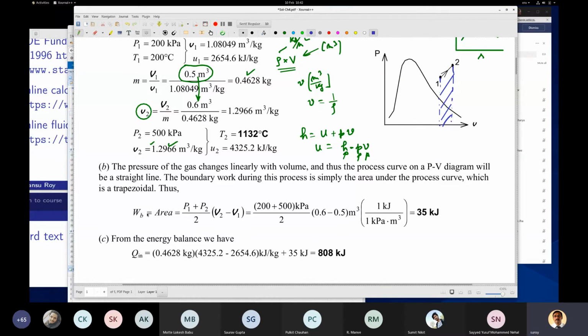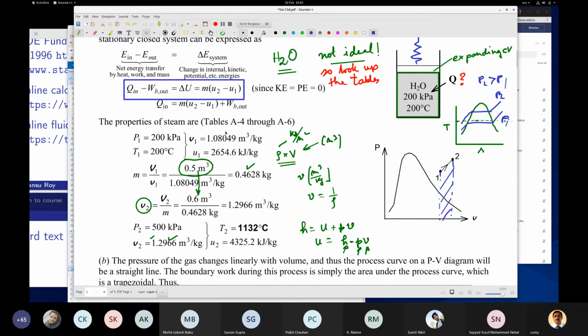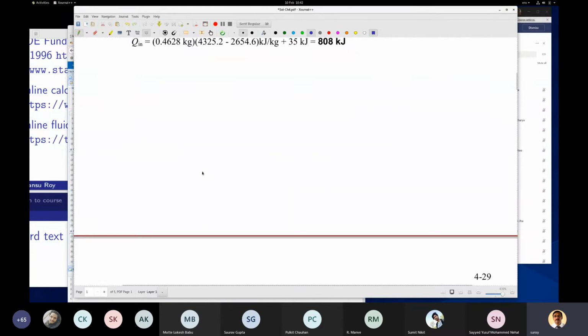This is the boundary work. So work is known here. Once I know the work, and the internal energy is also known from the tables, Q in can be calculated. This is how you have to do it, right?